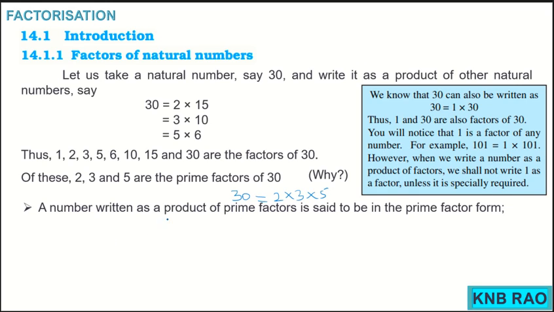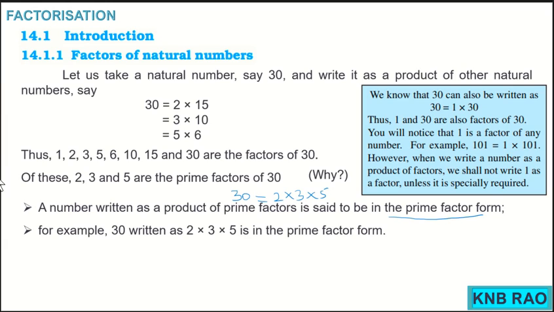A number written as a product of prime factors is said to be in prime factorization. So therefore, we can say writing 30 as 2 into 3 into 5 is the prime factorization of it.